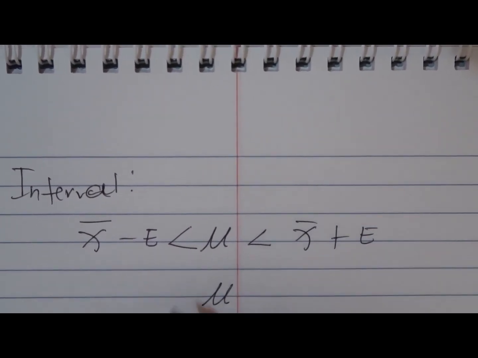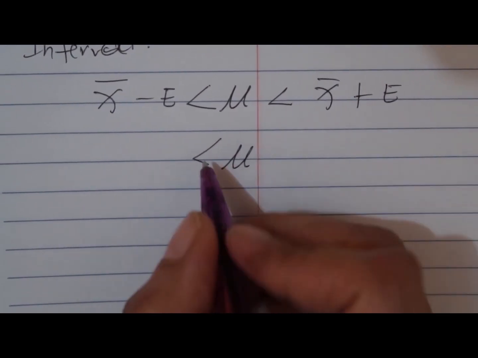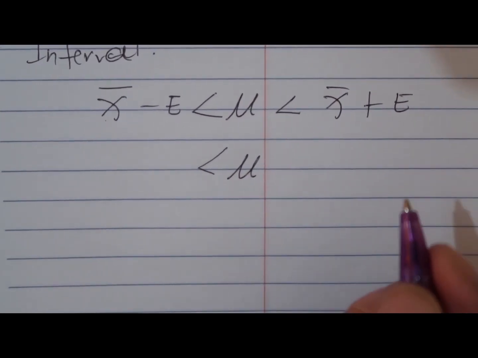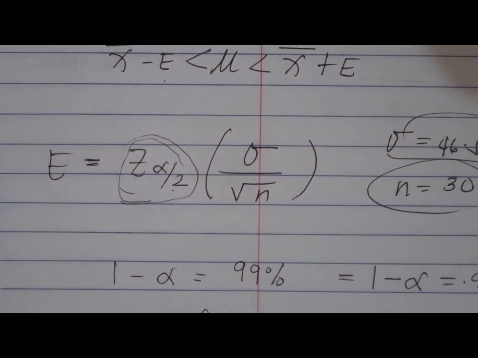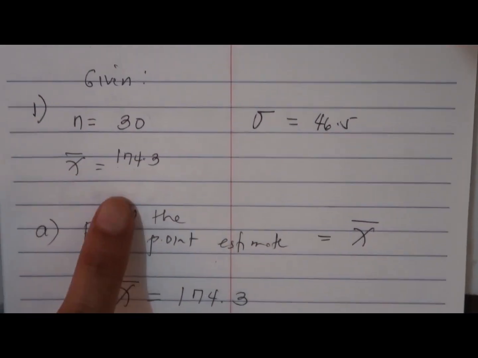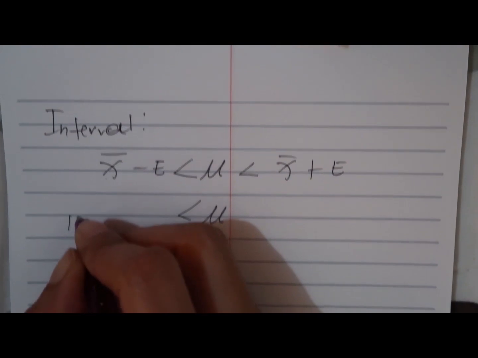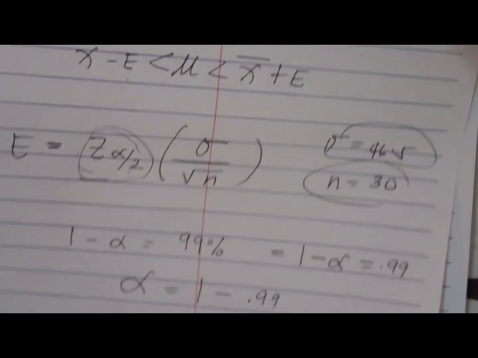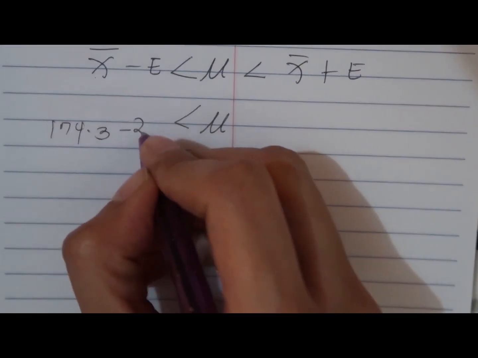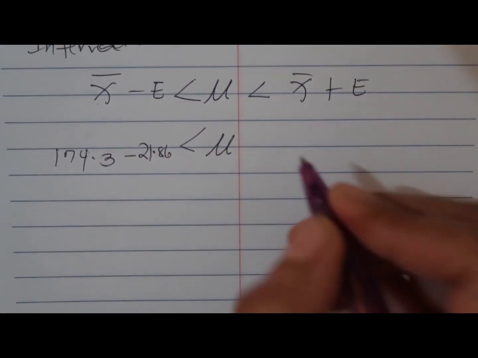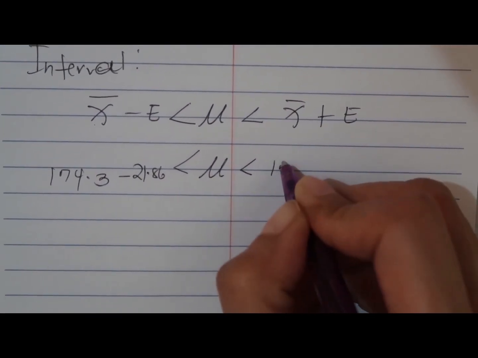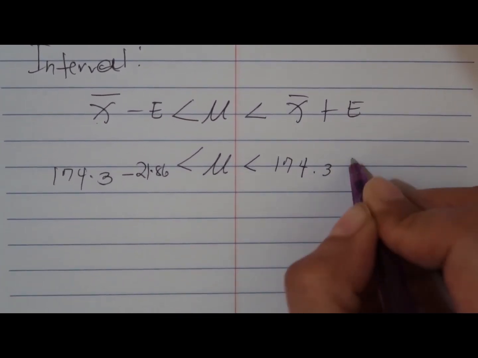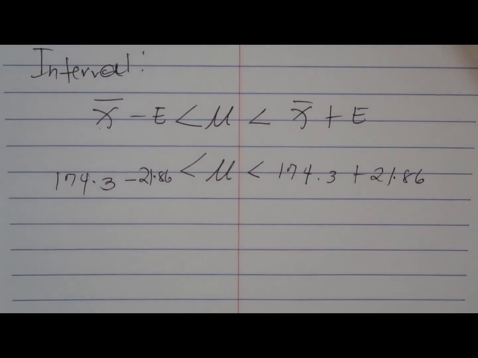So mu, the population mean, is greater than, what is your sample mean? Sample mean is 174.3 minus the margin of error, which is 21.86, but less than 174.3 plus 21.86.